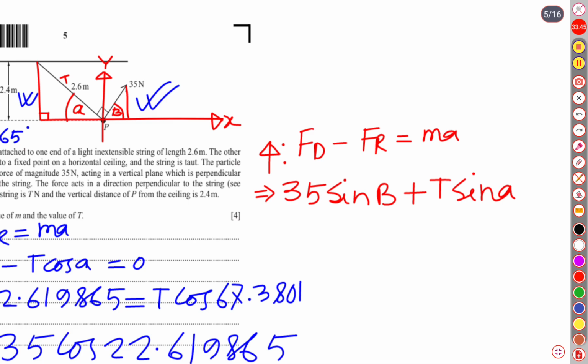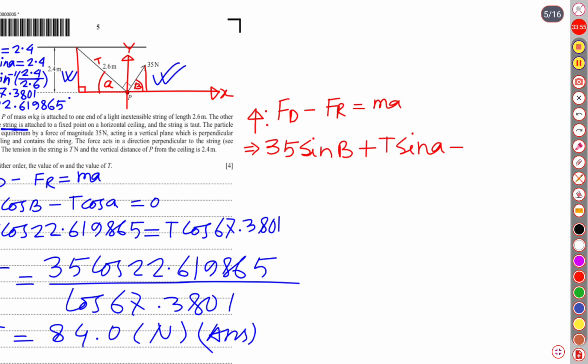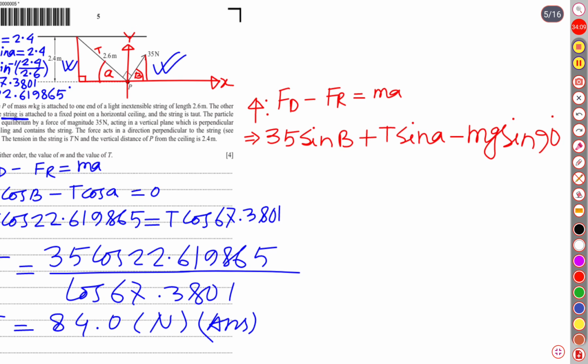So long these were upward forces; the downward force is the weight, which is mg sine 90 degrees. Sometimes you may get confused why we simply write mg and don't use the angle. To remove that confusion, I write sine 90 degrees, because the angle is 90 degrees, equal to 0.